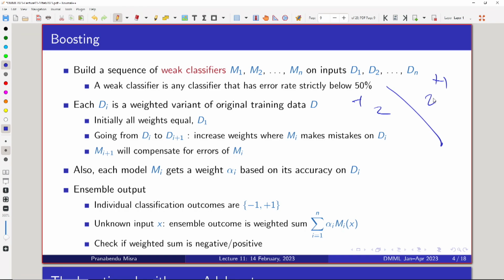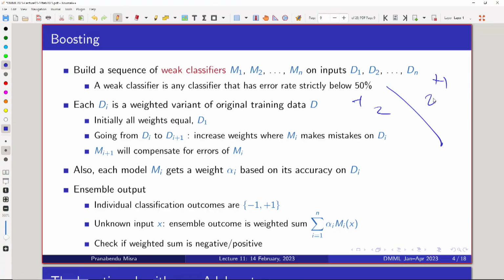No, plus or minus 1 it gives you because it's a classification algorithm, right? But you can also have these regression problems where the prediction, as I said, is a number or a vector or something. So a regression can also be done by essentially some linear function, for example.